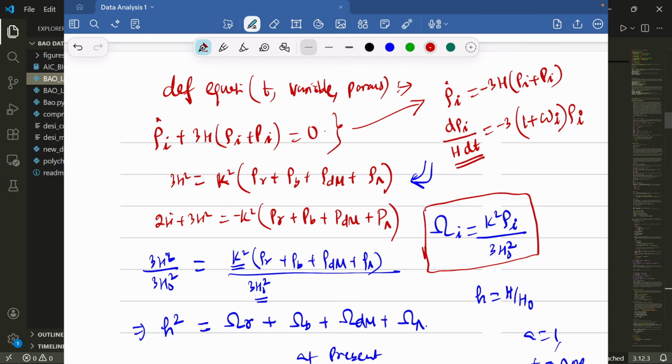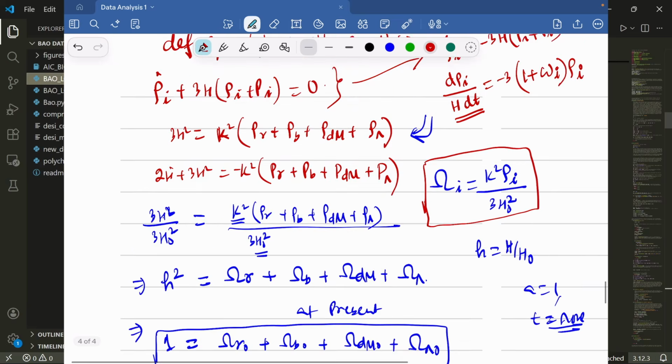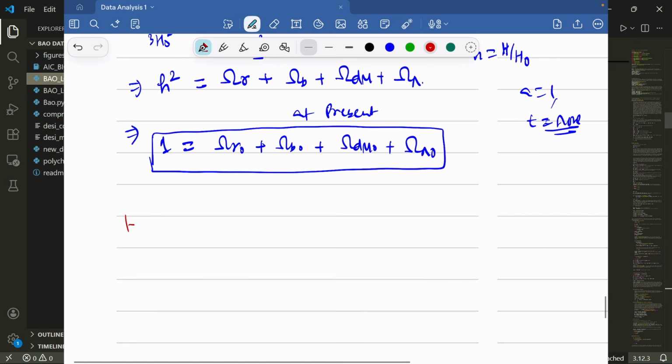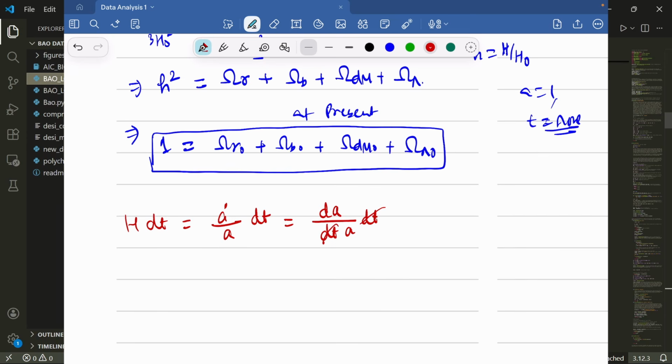Now H dt, what does it become? Let me again write it. H into dt. H is your a dot over a, and dt, basically da over dt into a, into dt, cancel. da over a, which becomes d of log a.